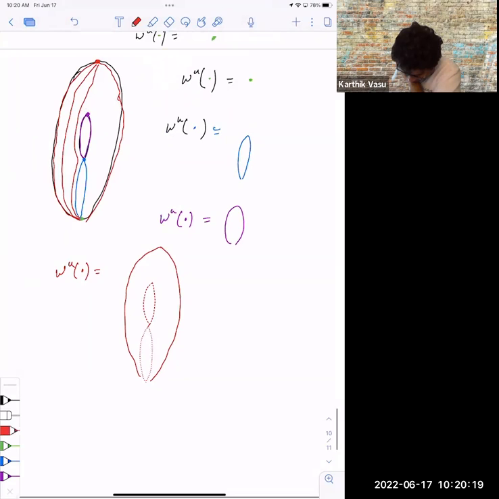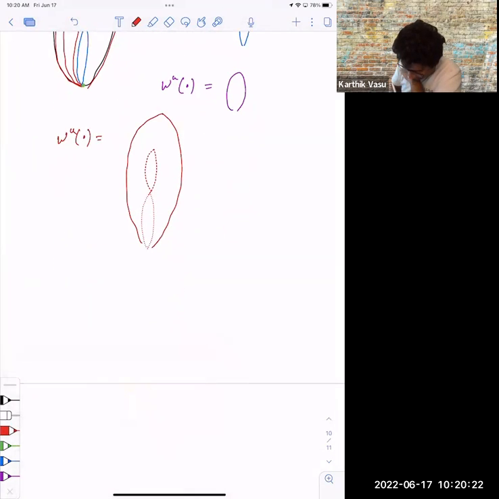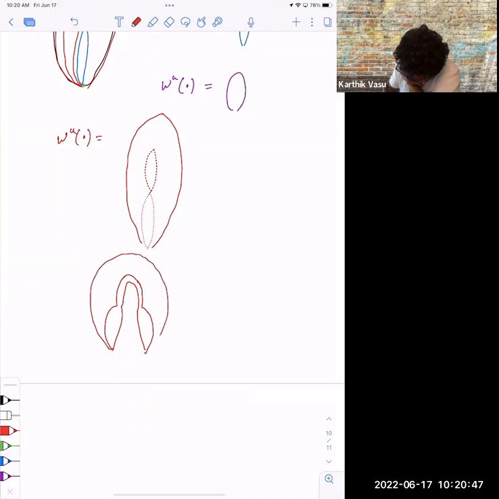So if I again draw this a little better, it will look like this, and the whole thing is here, and basically this boundary is not included, so this is an open set kind of thing.